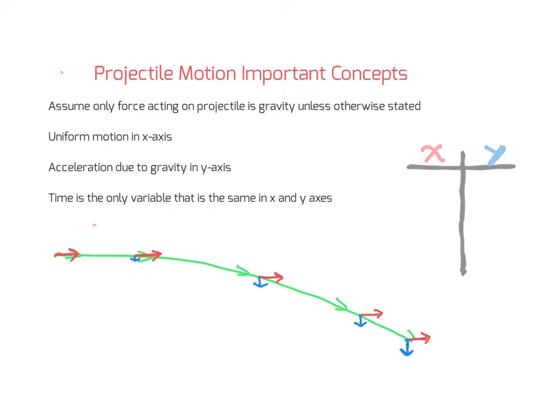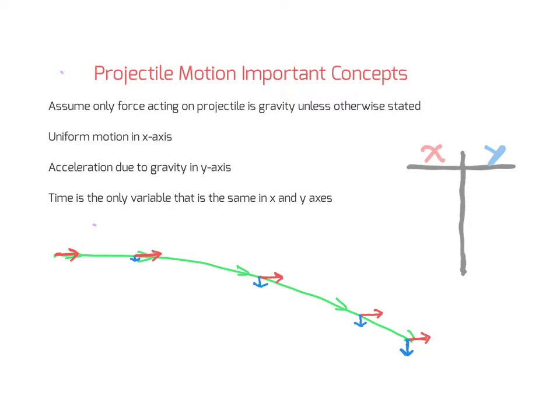In high school physics, usually the only force acting in a projectile scenario is the force of gravity, which acts on the object in the direction causing it to move towards the ground. The second important concept is that uniform motion is exerted in the x-axis.